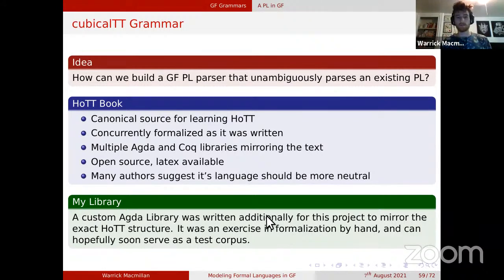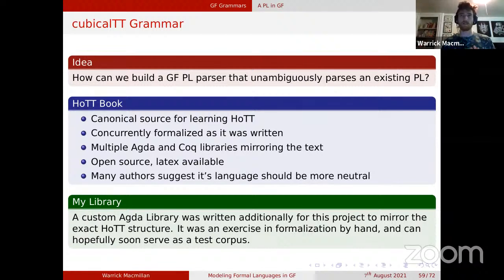So I wrote a custom Agda library, which is in some sense both ready and not ready for the public, but it's meant to be an exact Agda transliteration of the natural language proofs from the HoTT book, because the Agda and Coq libraries, even though they correspond to the text, are not equivalent in any way.